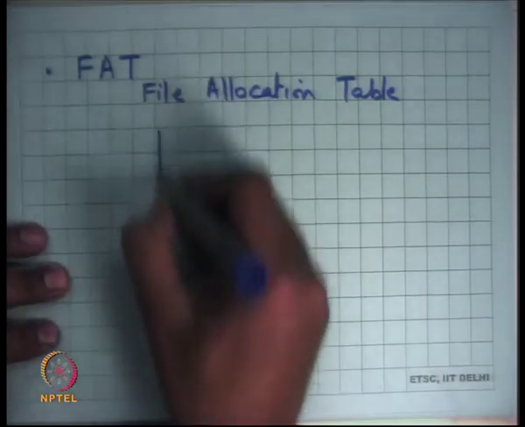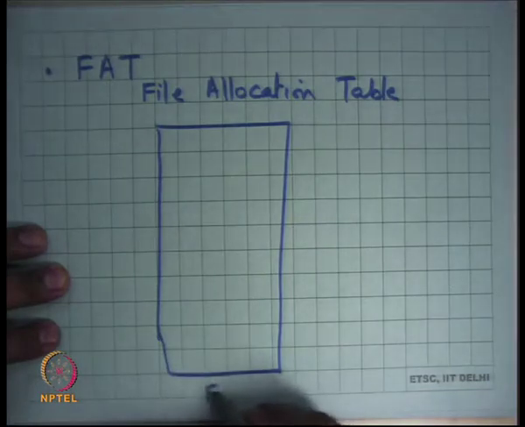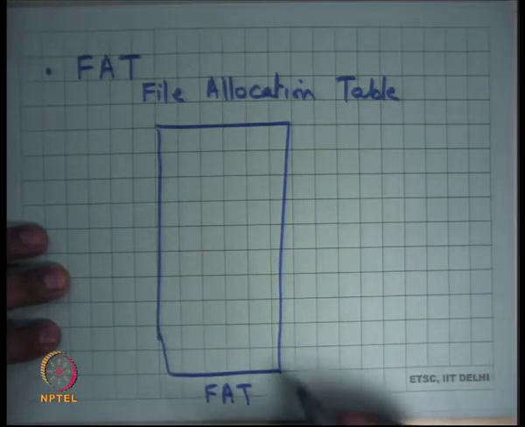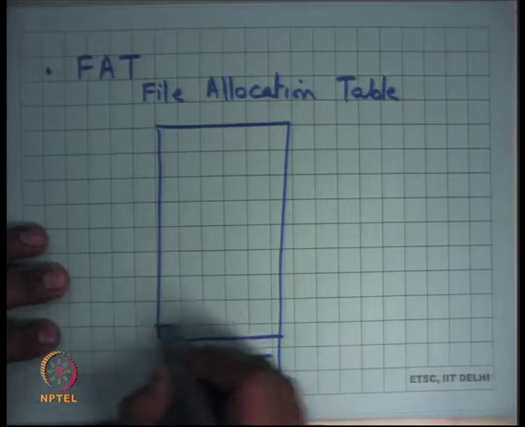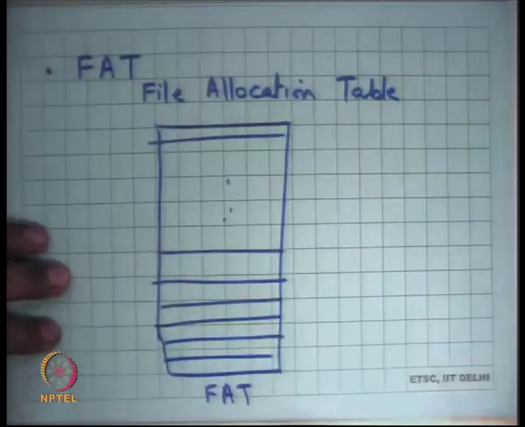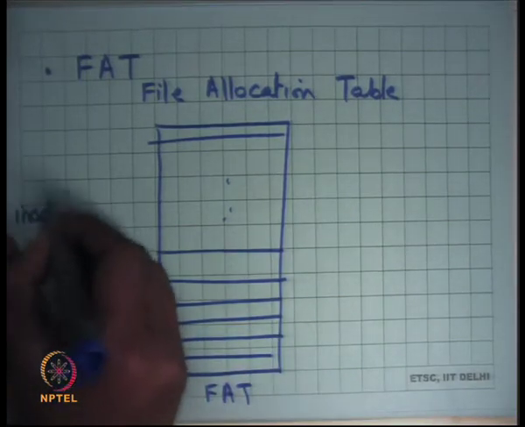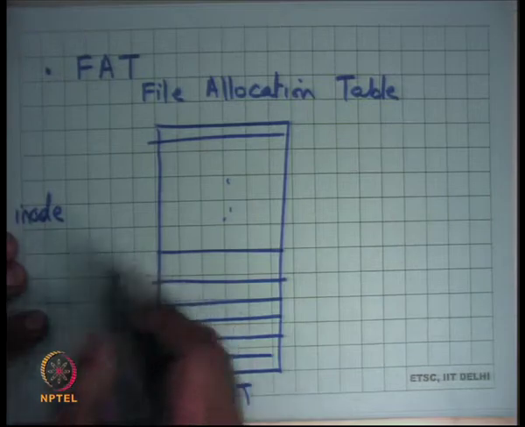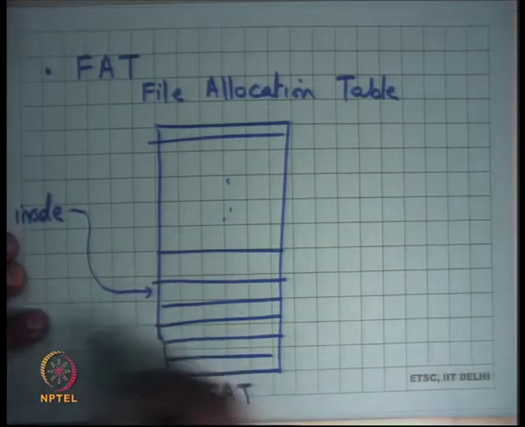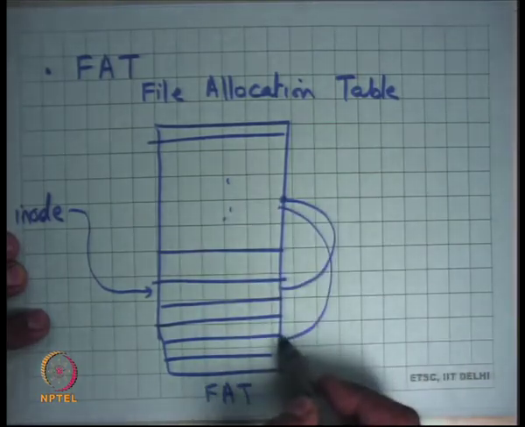So have a file which you will call the file allocation table, or FAT, and this has an entry for each block, right? And now the inode points to the head pointer, which points somewhere here, and within this file you have pointers like these.